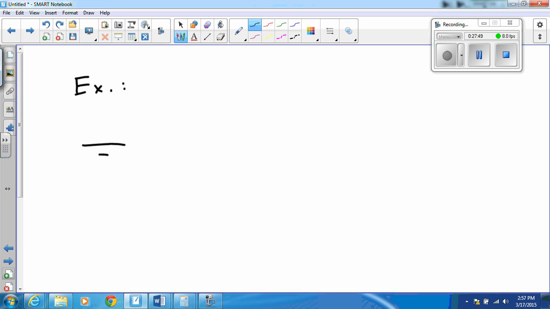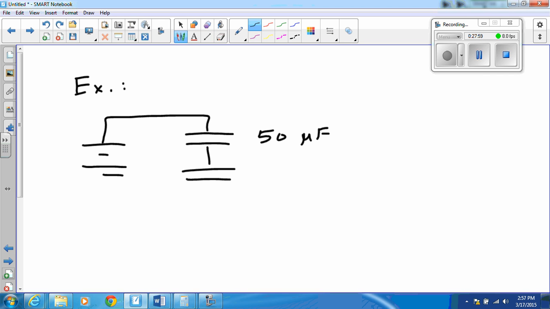Let's do an example, so you can see that this is not as intimidating as it seems. Suppose I have a 50 microfarad and a 40 microfarad capacitor.